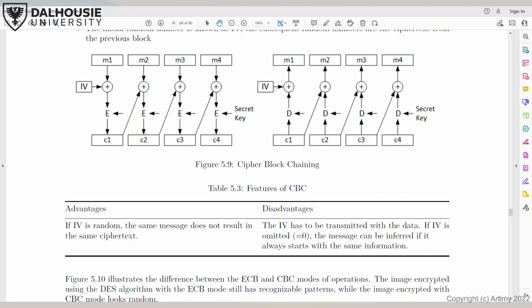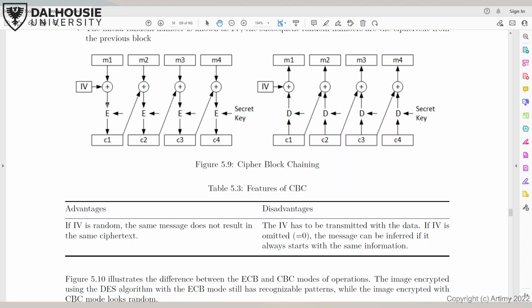So we can say, okay, instead of exchanging two numbers, how about the IV is always 0? That doesn't change much. The algorithm will still work. You XOR M1 with the IV and you get the same M1, right? Anything you XOR with 0 ends up the same thing.